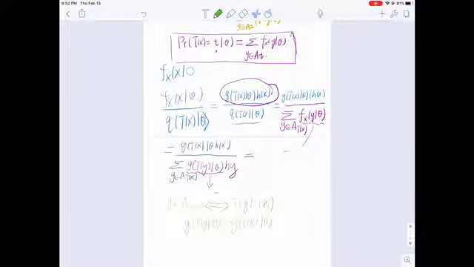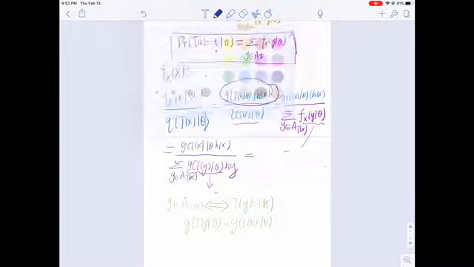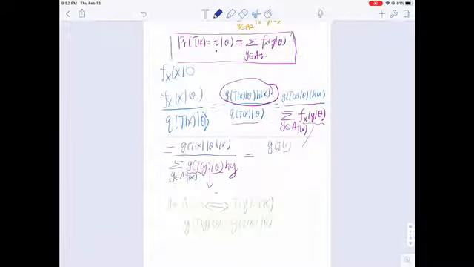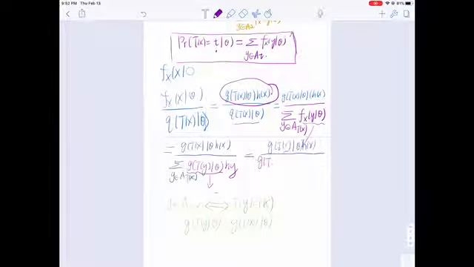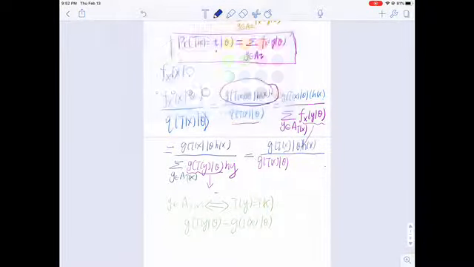That's why we can rewrite this part as g of T of x given theta times the sum of h of y.